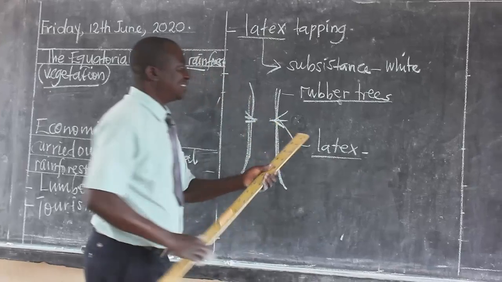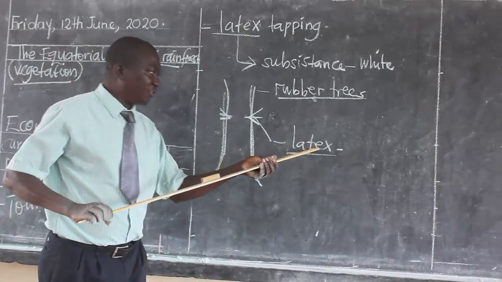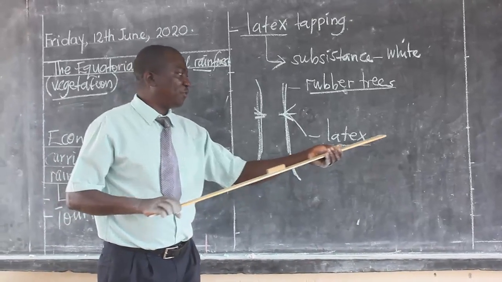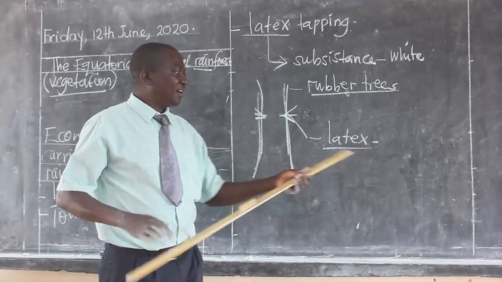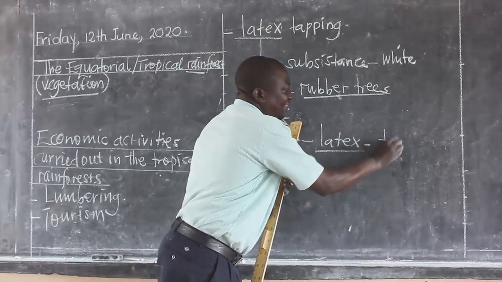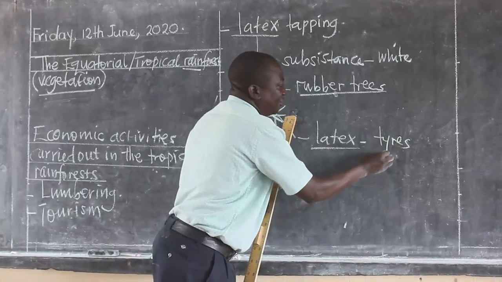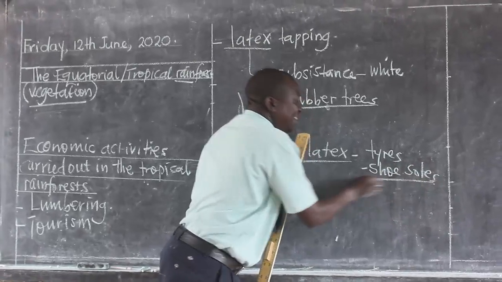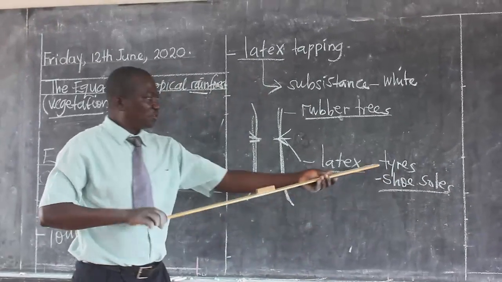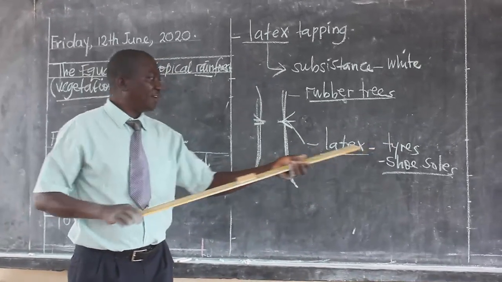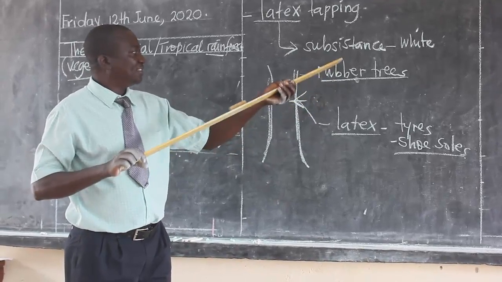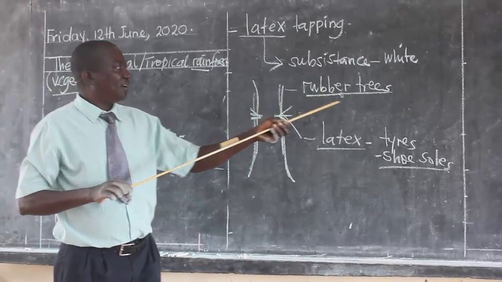This latex is used in factories to manufacture rubber products. One of them are the tires that you use on your vehicles. You have the shoe soles, and many others. Most of them are got from this latex, out of the rubber trees.